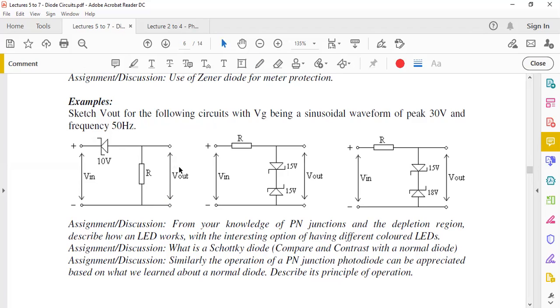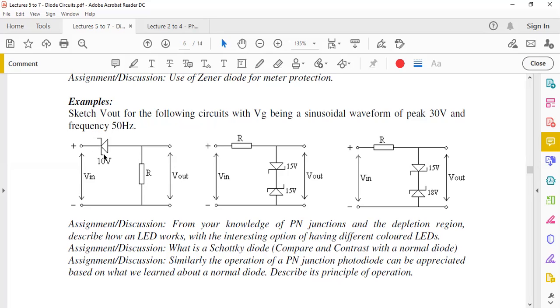When your waveform now is exceeding 10 volts in the positive half cycle, then you would have a situation where 10 volts is going to be maintained here and the remainder would be flowing across. So the remaining potential difference would be across R here.